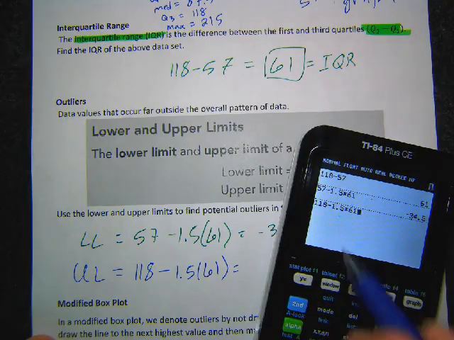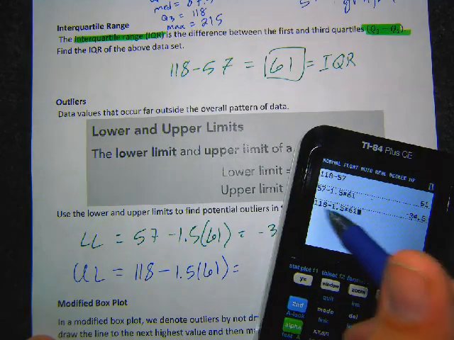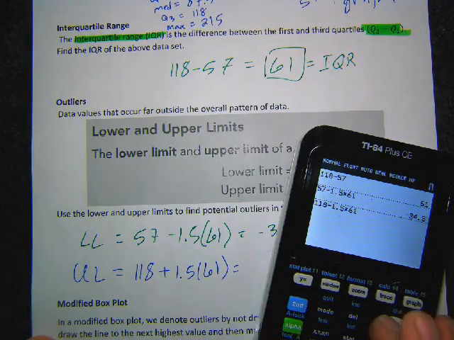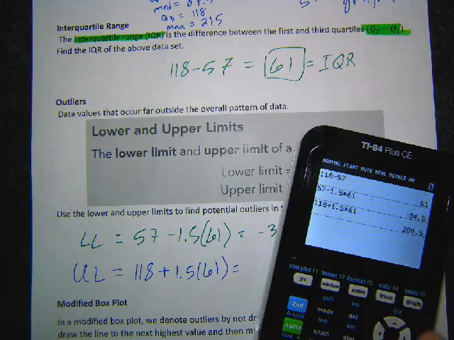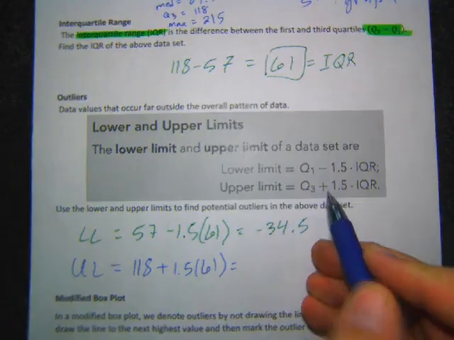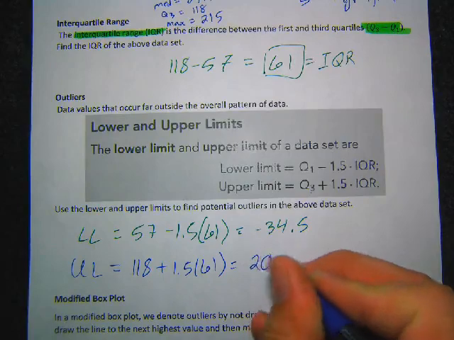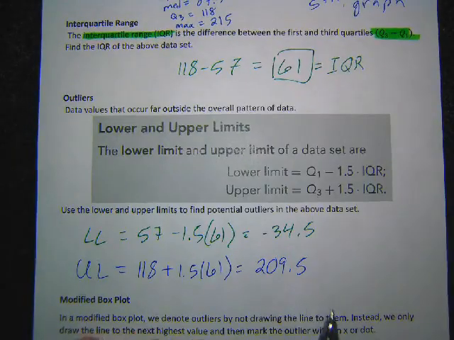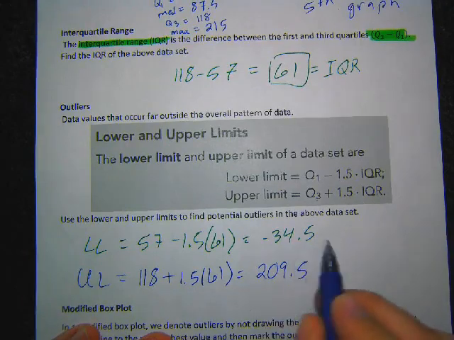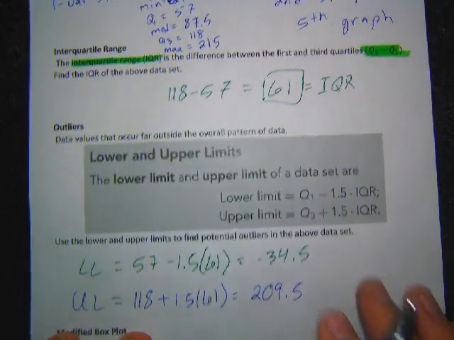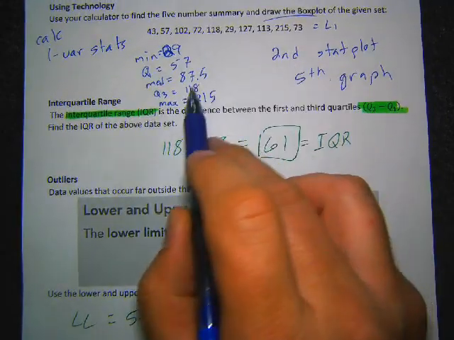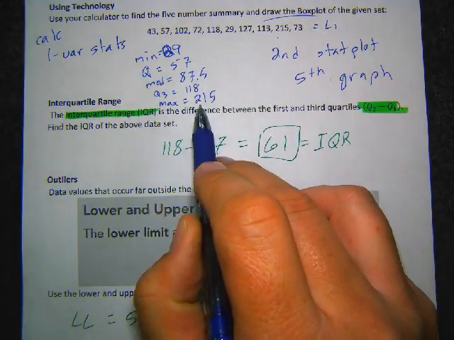And again, I'm taking 1.5 of those interquartile ranges, and I shouldn't be subtracting, I should be adding. Whoops. We're going up, we're not going down, we're adding. Good thing I caught it here. Okay, so because we're adding to go up, I got 209.5. So any value above 209.5 is probably an outlier. Any value below negative 34.5 is an outlier. And I do have a value above 209.5, because I have this 215.